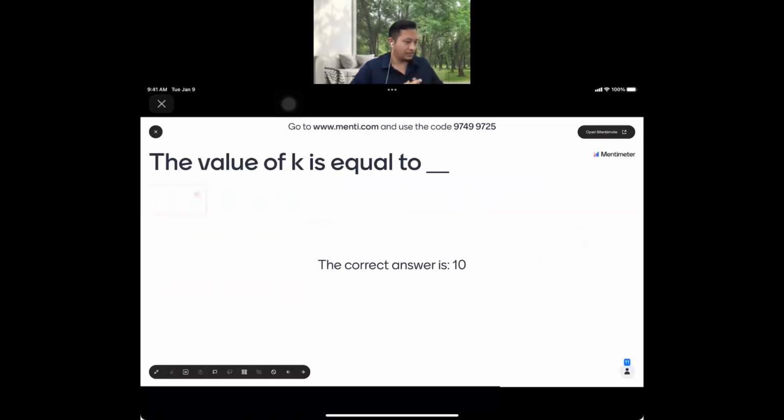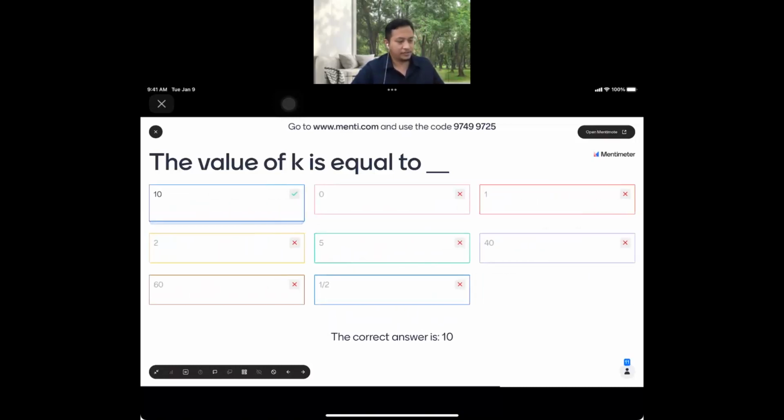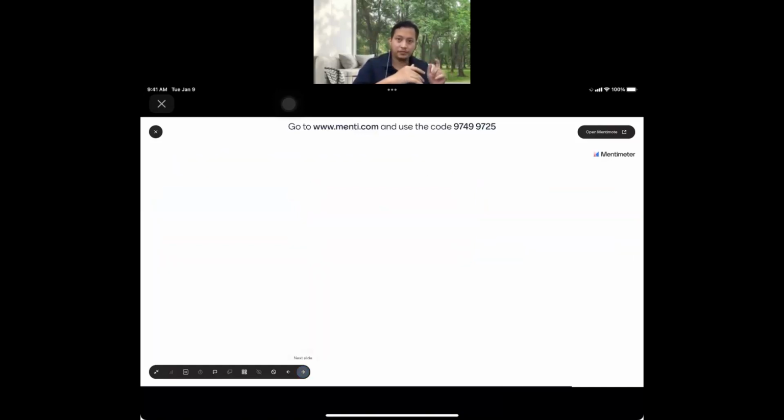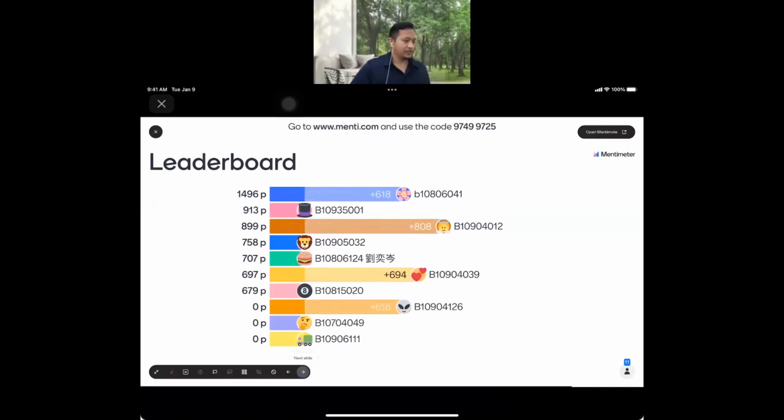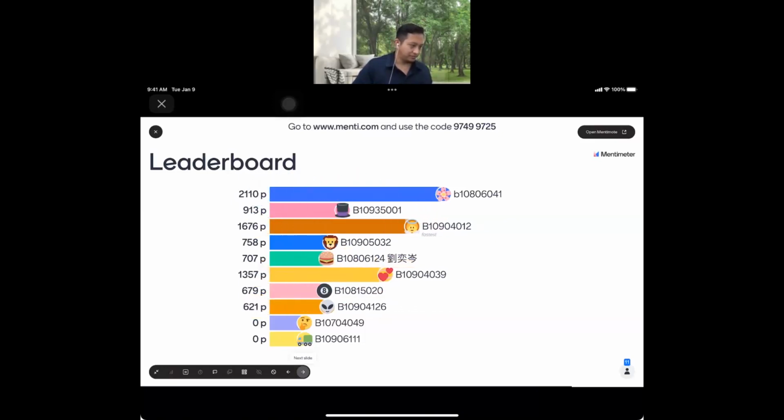Okay, a little bit more. Okay, thumbs up. Yeah, it's 10. The one who gets 40, you need to equate both sides. Divide by 4, it is 10.